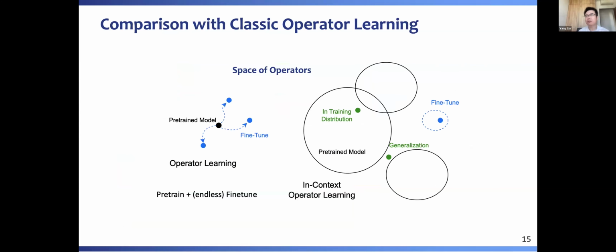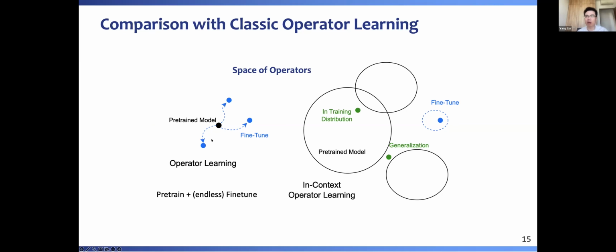Okay. So I also want to show an experimental comparison with classic operator learning. Let's suppose this is the space of operators.